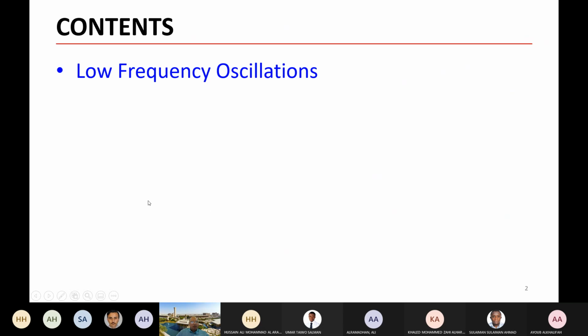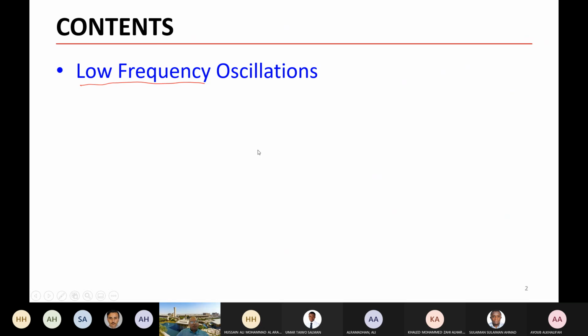But what is the low frequency oscillation? Why do we call it low frequency? What do you think the low frequency is that we have here in this problem in dynamic stability? How much is the frequency? Any idea?